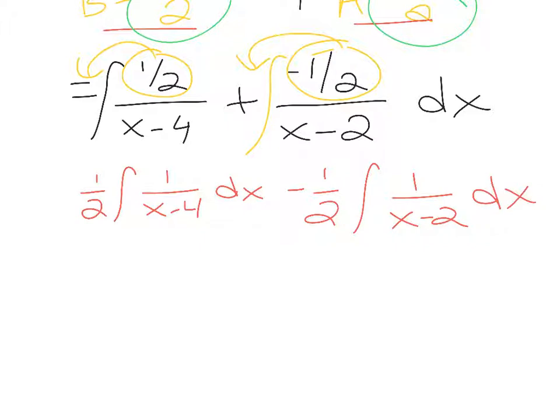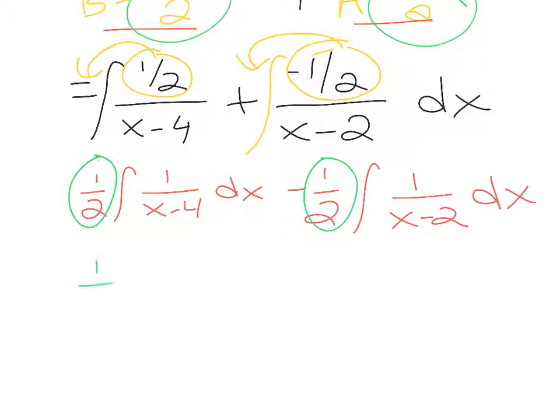So now I'm ready to integrate. So after all that, you're finally ready to do your calculus step. So the calculus says that the integration of 1 over the junk, as long as the derivative of the junk is 1, then I know that the integration of that is just ln of whatever that is. And I'm also going to pull out these 1/2s.